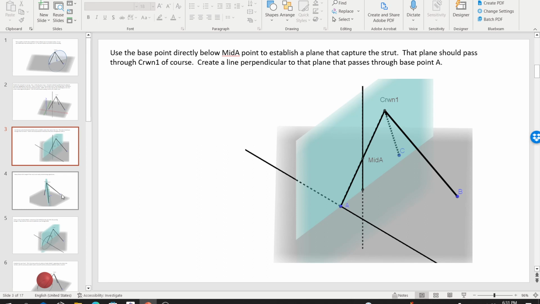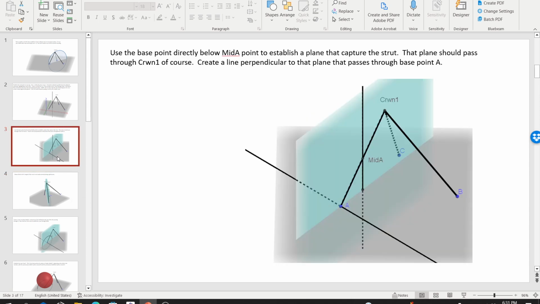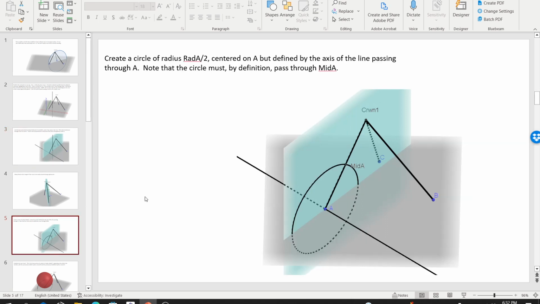Now, it doesn't have to be perfectly vertical. If your member is rotated along its axis so that it's biaxial bending, then you could create a skewed plane. But for me, I'm just going to drop it vertically here. Now, why do I need that plane?